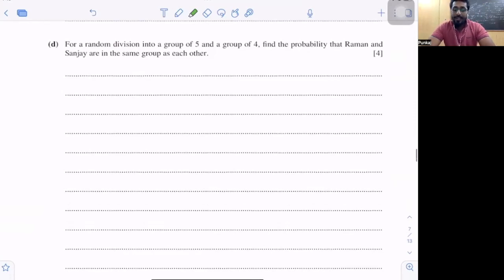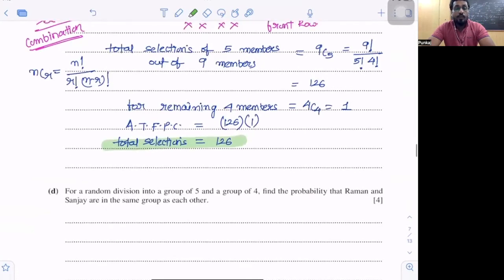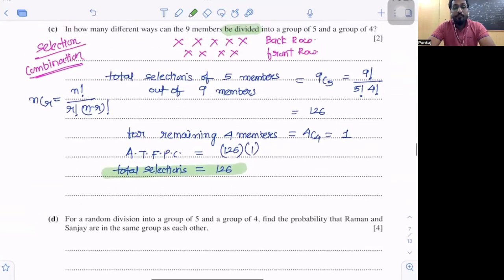So that's 126, right? Total selections is 126. That's your trial. You are dividing 9 members into group of 5 and group of 4. That's your trial. Now, what is your requirement? What is your desired outcome that you want? You want Raman and Sanjay to be either in the group of 5 together or in the group of 4. It should not be like Raman is in one group and Sanjay is in the other group, right? Both of them should be in the same group. That is your desired outcome. That's your event.